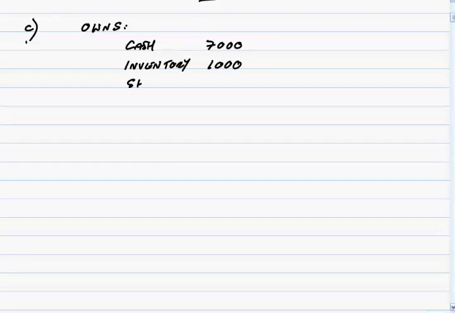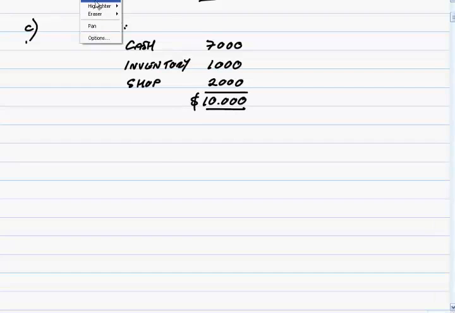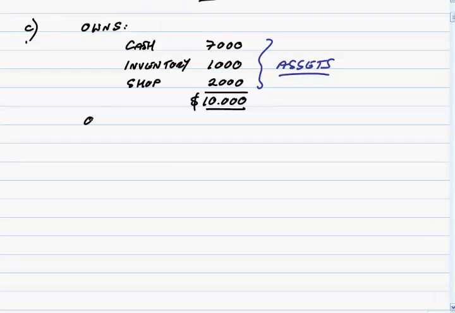We've still, of course, got the shop. The shop was 2,000. And so the total we own is 10,000. And as we've said several times, anything owned by the business is an asset. So we've assets of 10,000. But remember, we owe the owner, the capital, 10,000.